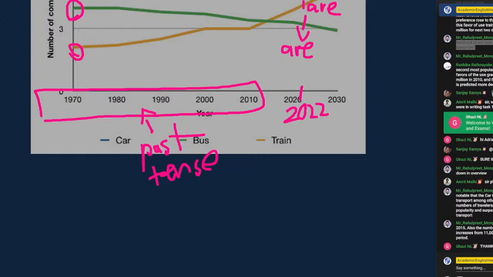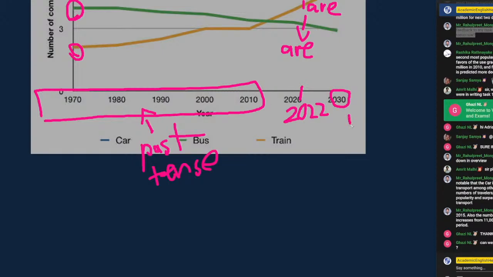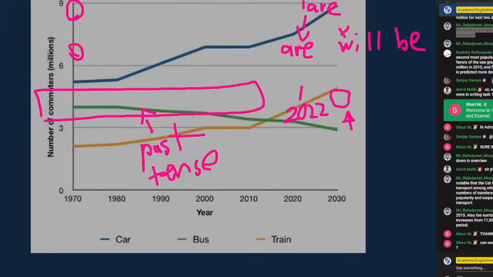So here you have a clear future as well, okay? So 2030 has not happened yet, okay? That's the future. So here, at this point, there will be 3 million people riding the bus, okay?